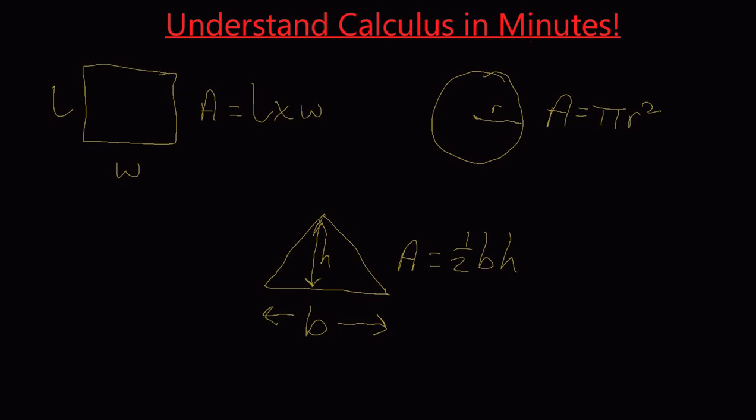This is the idea. Now imagine a random shape. Say we've got this. It will be very difficult to calculate the area of this shape. But imagine if we rotate this shape and end up with something like this.